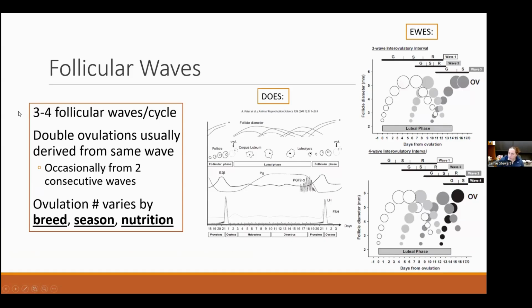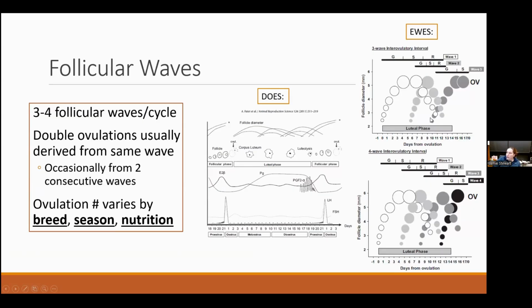And then another interesting part is their follicular waves. This is why we can synchronize and short cycle and do all this stuff, because even when they're in the luteal phase, they'll continuously have these follicular waves where you get a wave of follicles from the ovary that grow and then regress, and grow and regress.